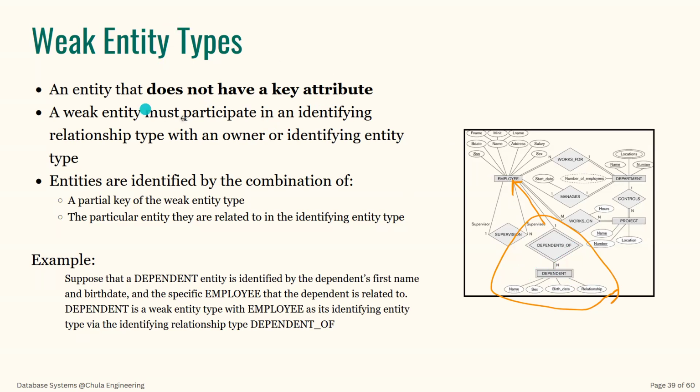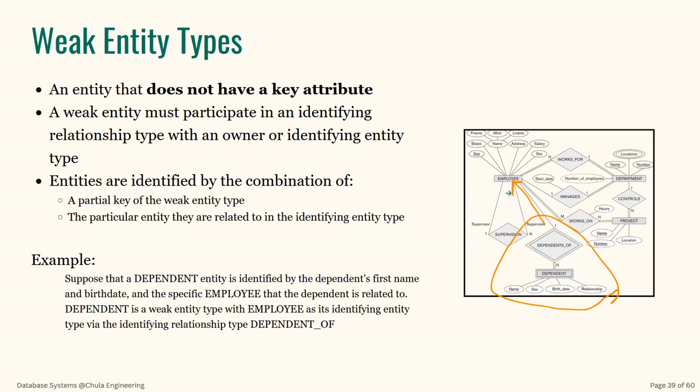So in this case, a weak entity must participate in an identifying relationship type. So the relationship type that it is related to is the employee, and it must be a strong entity type, not the weak one. So entities are identified by the combination of a partial key of the weak entity type itself and the particular entity type that it is related to.